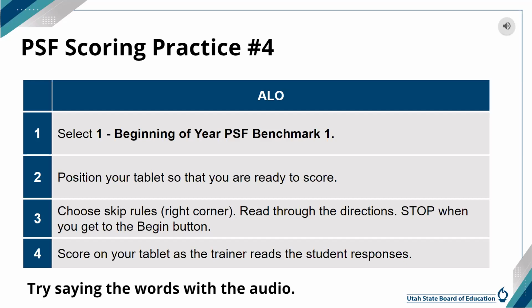I have a question. I have students who will miss that first word and do the 3 seconds. I'm not understanding how I can mark it. Do I just go down to the next one, or is there a way to mark that they didn't answer at all? If they don't say anything at all, you just leave it blank, and that's the indication the student did not give a response.